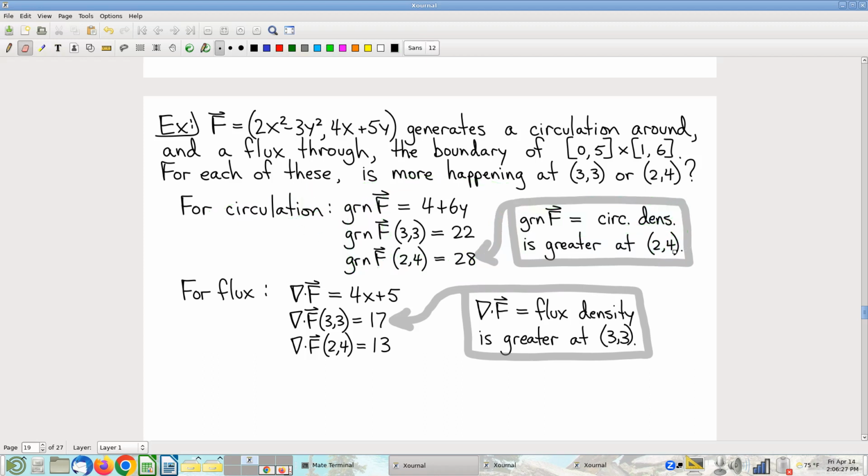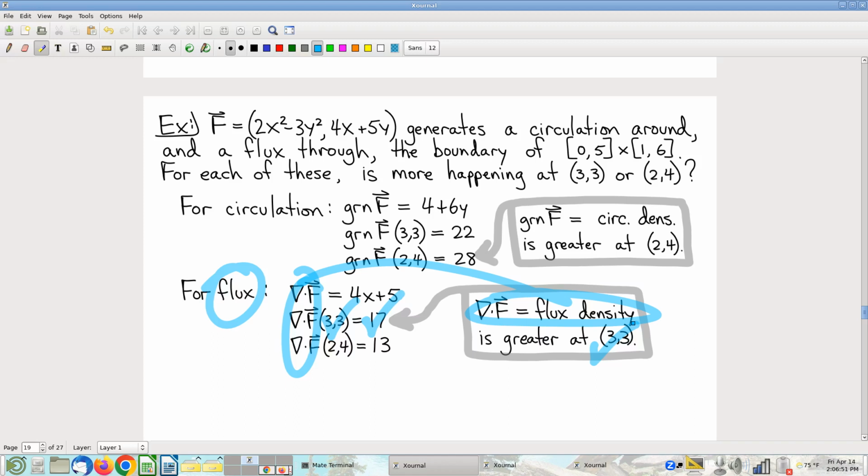And if you're interested in flux, now this is two-dimensional flux here, you want to know where the flux is happening? Well, divergence is the flux density. So whichever one of these divergences is greater, that tells you at which point more of the flux is happening.